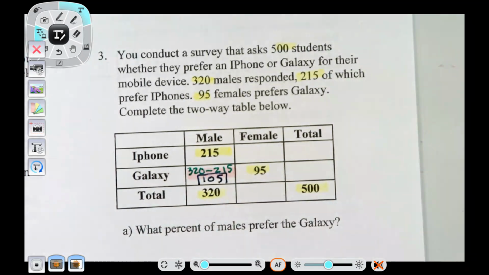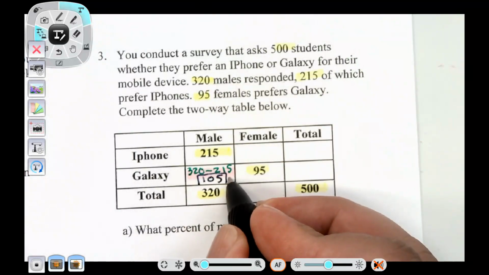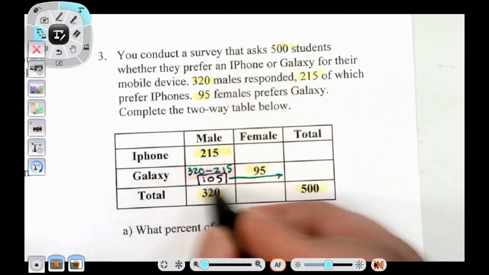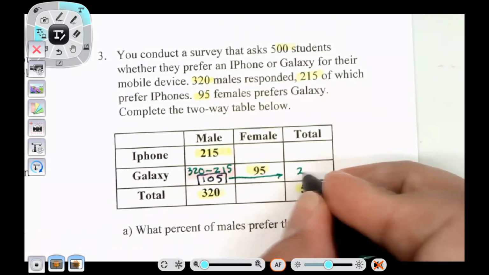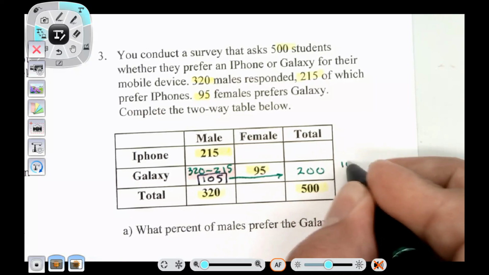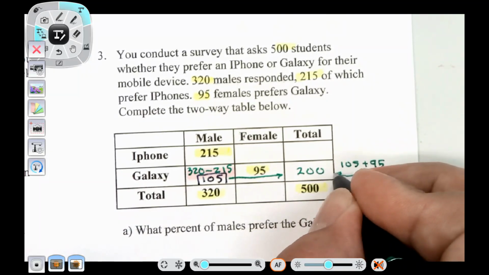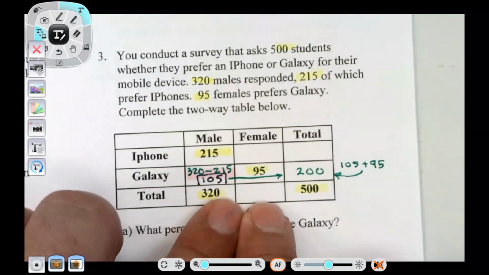All right, well, there is another one I can do now. Since I know that this is 105 and this one is 95, well, then just add these two together. And if I add these two together, well, then I get 200 because it was 105 plus the 95. And that's how we got this 200 right there. All right, let's see what else we can do. Look at these. We have two numbers.